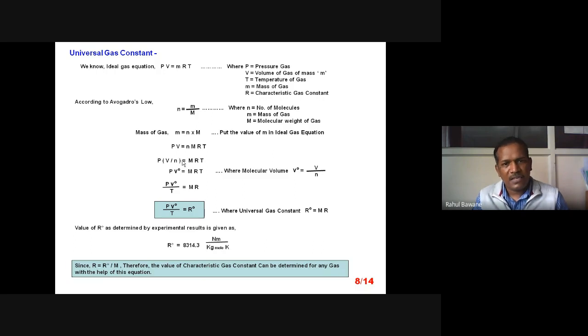So to simplify this difficulty, we use a universal gas constant, which has the same value for all the gases: 8314.3 for all the gases.